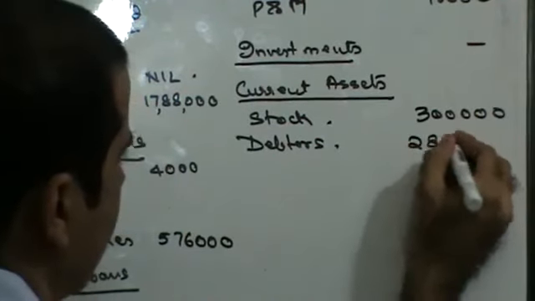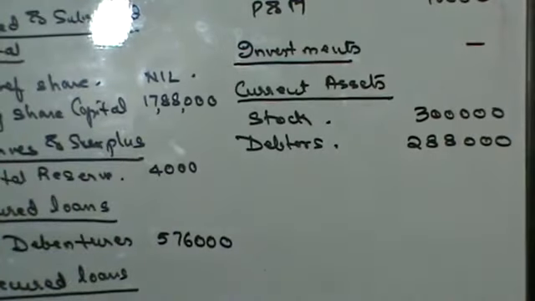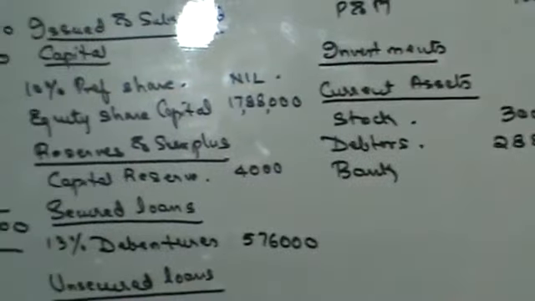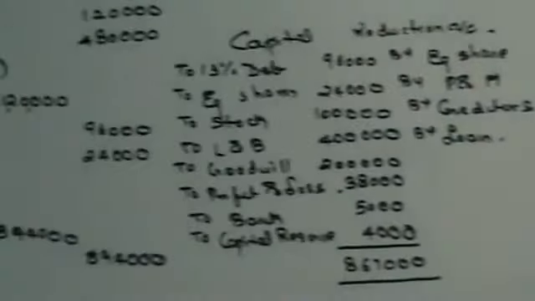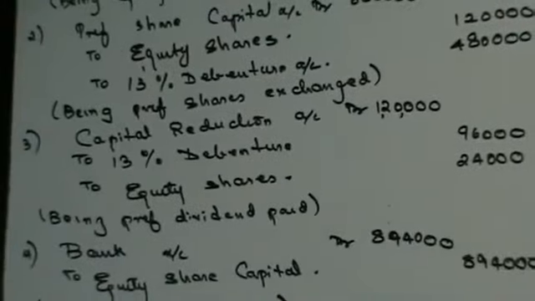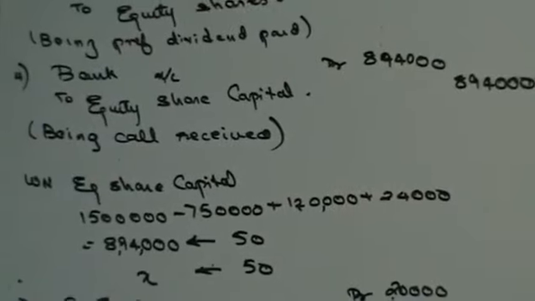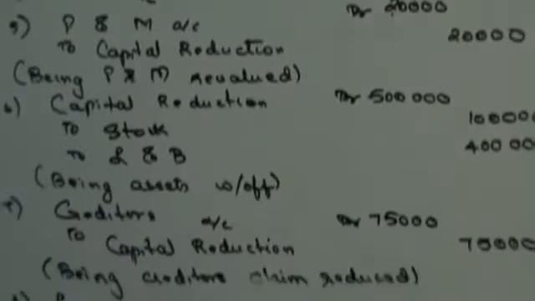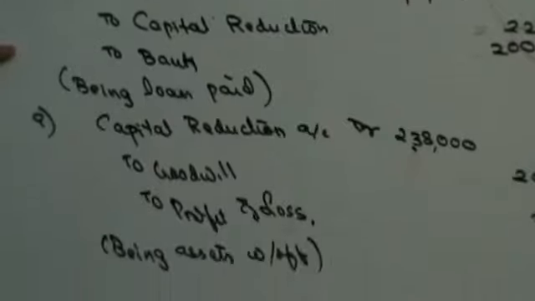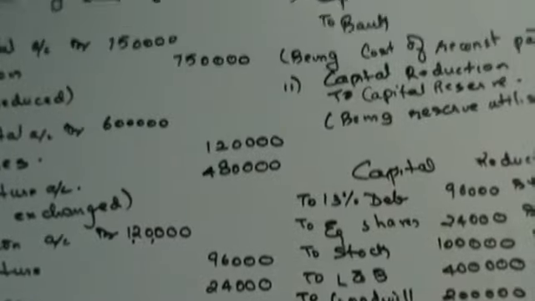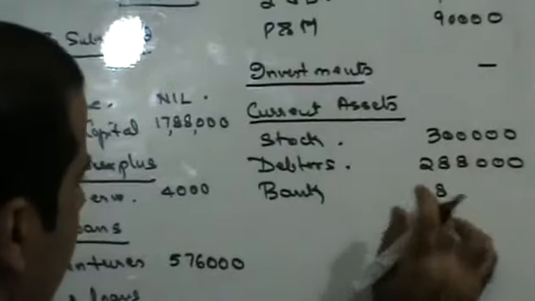So that will be 2,88,000. Then you have bank balance. Bank balance is given to you as 1,26,000. Sum these by adding and subtracting. You have bank, 8,94,000, right? So you have 8,94,000 plus that is added, minus 2 lakhs. Then you have minus 5,000. Sum these up and tell me how much this is. 8,15,000.